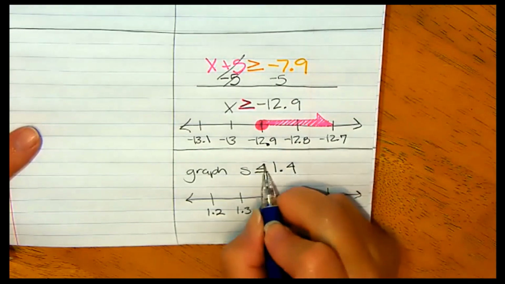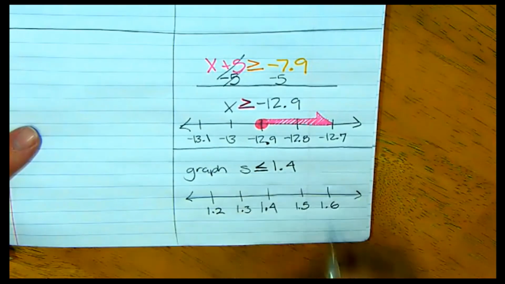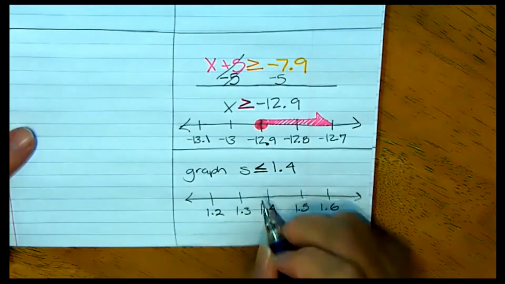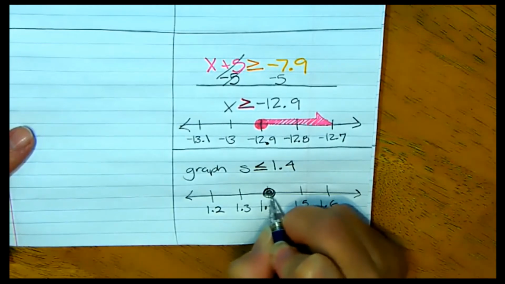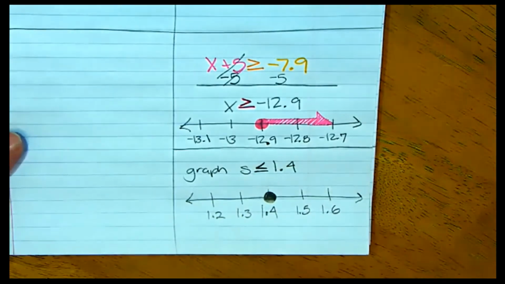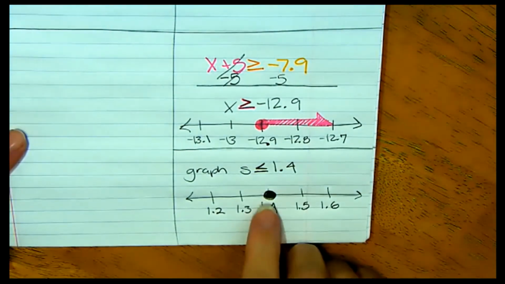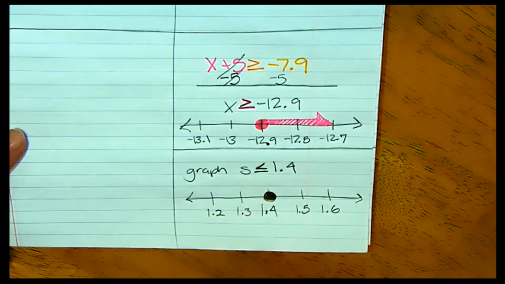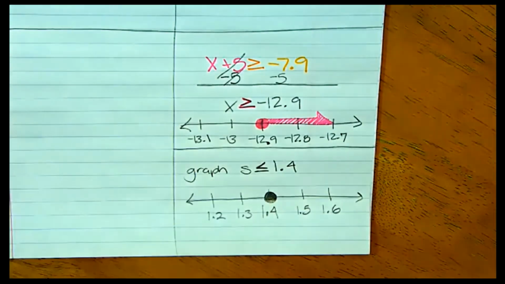Now I'm going to look at my sign. My sign is less than or equal to. So that means 1.4 is part of the solution. So it's going to be a closed circle because 1.4 is part of the solution. Now it's telling me S is less than.